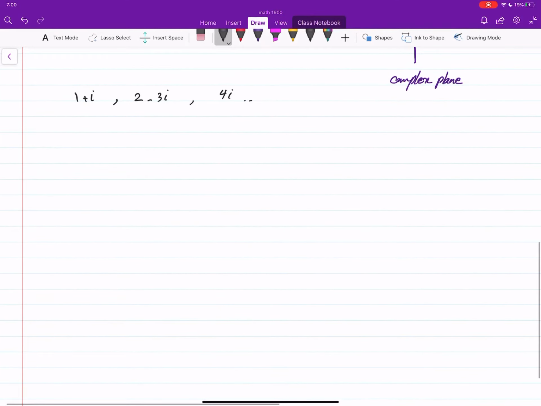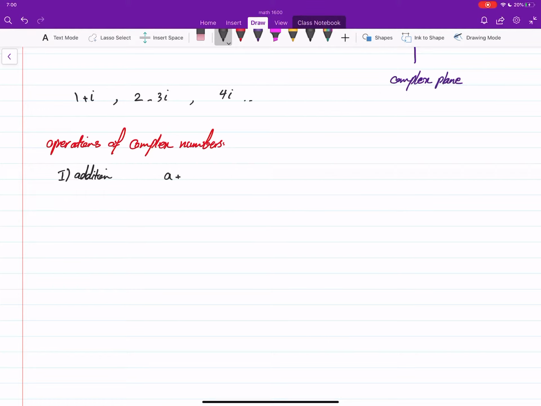So let me start this part, operations of complex numbers. To start with, you can add any two complex numbers. So addition of complex numbers.